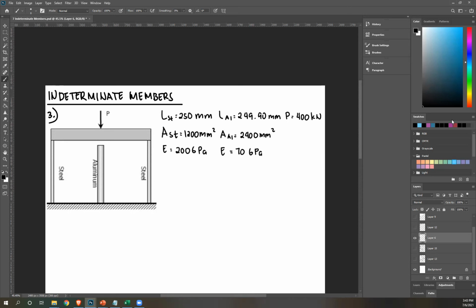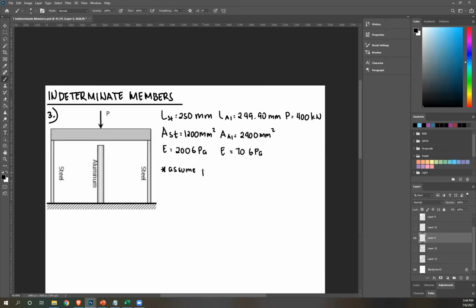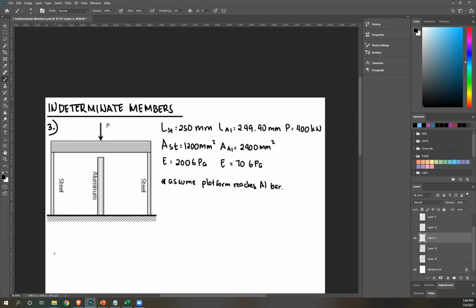Let's solve, draw free body diagram. And once again, we assume the platform reaches the aluminum bar. So since that's the case, the free body diagram will be like this.